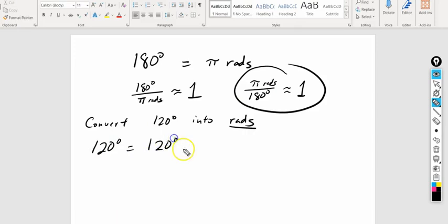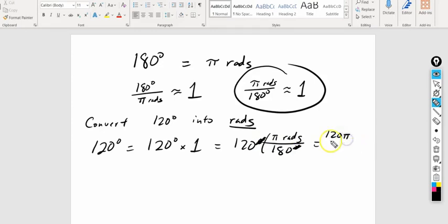I'm going to multiply that by 1, and this is the way we're going to write 1. So you can see your degrees are canceling, and you're going to have 120 pi over 180 rads. That's not in lowest form.